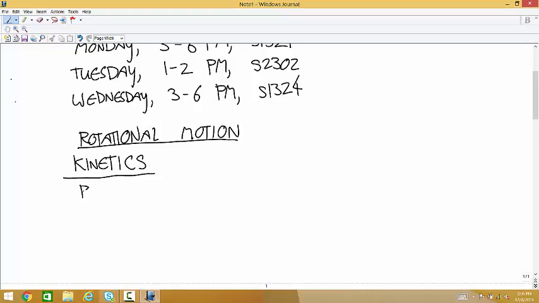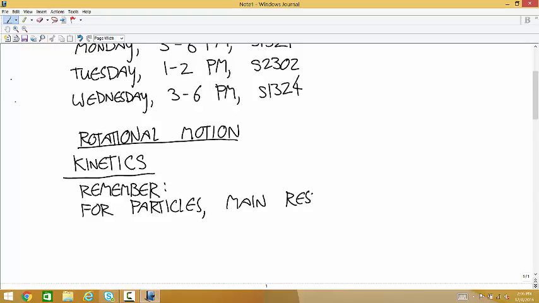And remember that for particles, the main result of kinetics was Newton's second law. And it said F net is equal to the mass of the chosen object times the acceleration.